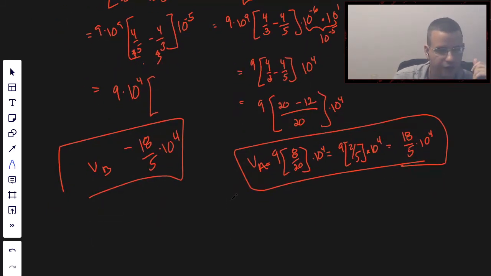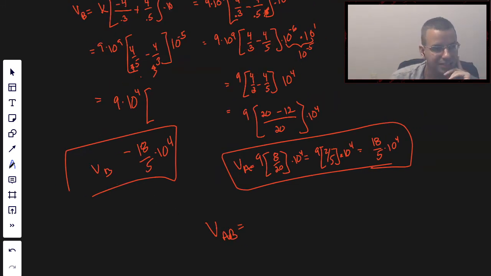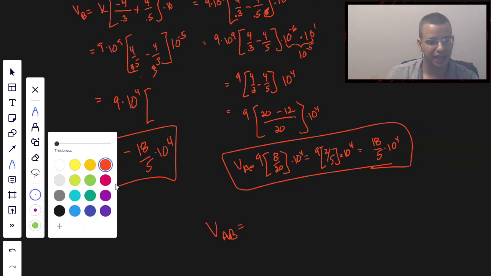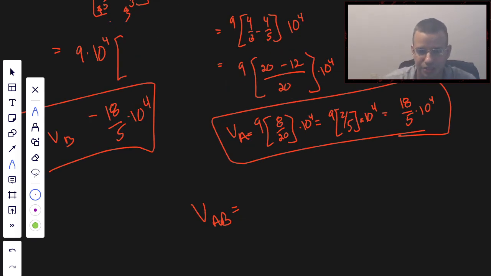Therefore, voltage AB, intuitively you'd think, oh, it's 0. But voltage AB is going to be voltage A minus voltage B. So it's going to be 18/5 times 10 to the 4th minus negative 18/5 times 10 to the 4th.